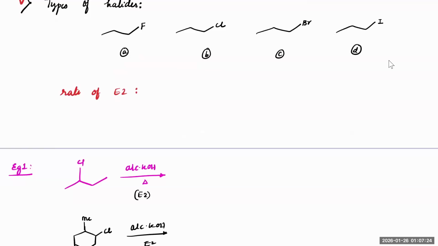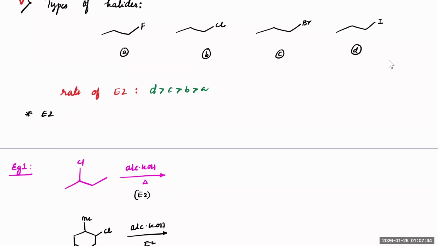Next, type of halides. If you compare A, B, C, D here, the types of halides we can get, I mean fluorine, chlorine, bromine, iodine, definitely you will see D greater than C, greater than B, greater than A. This is called the element effect, if you remember.